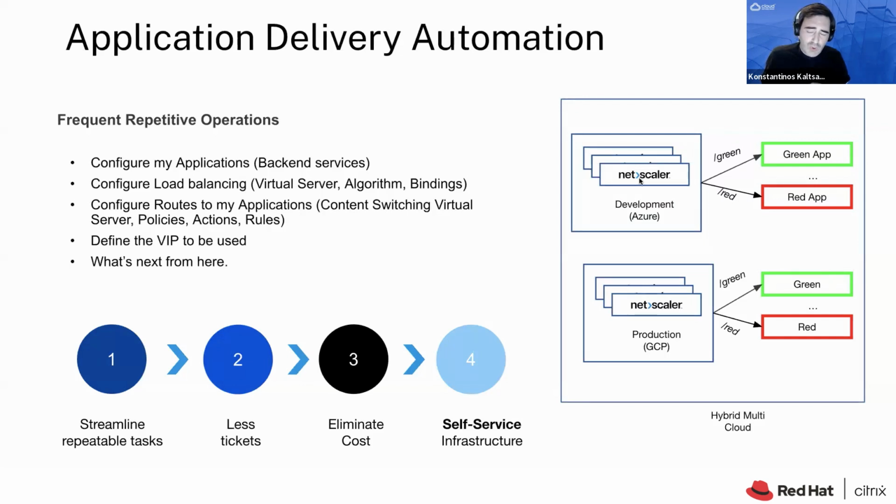So this is what I'm going to show during the demo, how you can easily use a playbook to configure NetScaler to route traffic to a green application and a red application through a VIP. In addition to that, I will use the exact same template to create the exact same configuration in another NetScaler, which is a different version and deployed on GCP.